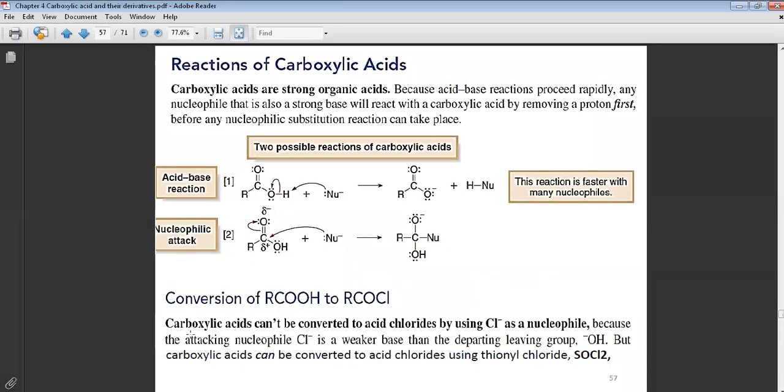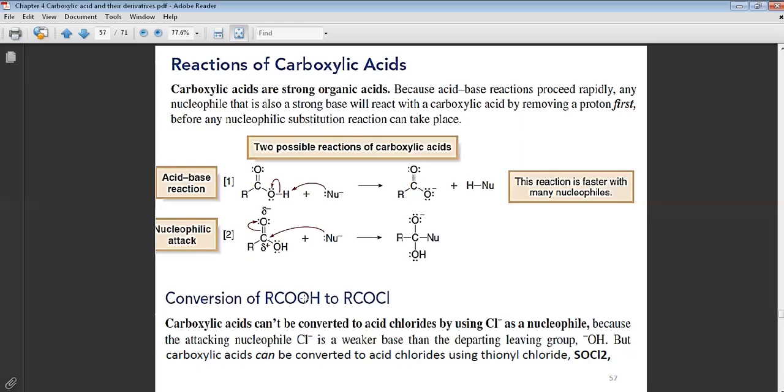Then he said carboxylic acid cannot be converted to the acid chloride by using a nucleophilic reaction, by using Cl as nucleophile. We know this because the attacking nucleophile Cl minus is a weaker base than the departing leaving group. Cl minus is a weaker nucleophile than OH.